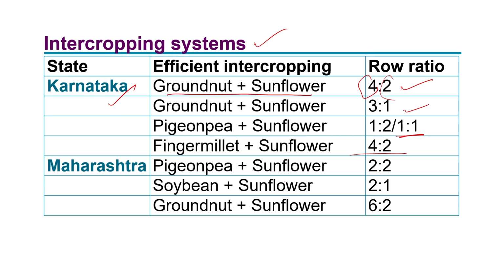In Maharashtra, we can have pigeon pea plus sunflower, 2:2 ratio, soybean plus sunflower, 2:1 ratio, and then groundnut plus sunflower, 6:2 ratio. 6:2 ratio means 6 rows of groundnut and 2 rows of sunflower. So these 3 systems are for Maharashtra: pigeon pea plus sunflower, soybean plus sunflower, and groundnut plus sunflower.